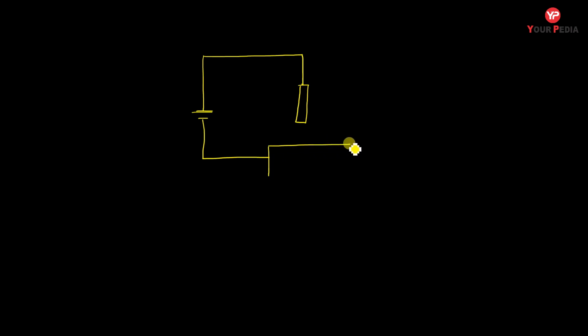Basic circuit means, for example, this is the electrode, and the electrode is connected through a wire to the power supply. This is the power supply, that is the transformer, and this is the workpiece, and this is the electrode. There is some gap between the electrode and the workpiece. We call it L, the arc length.